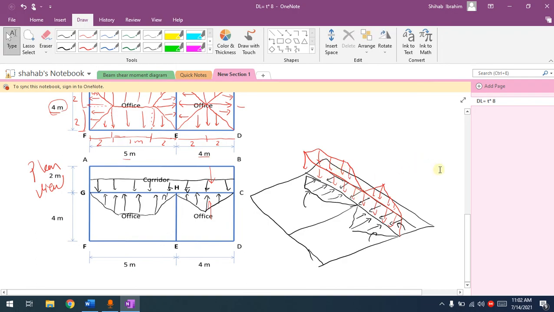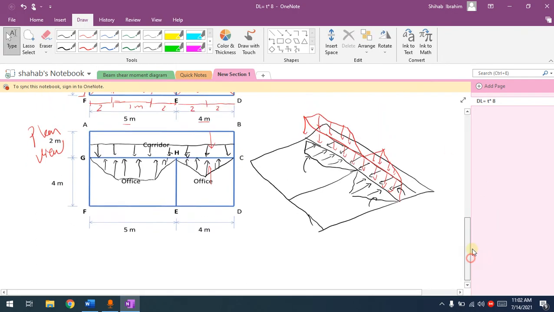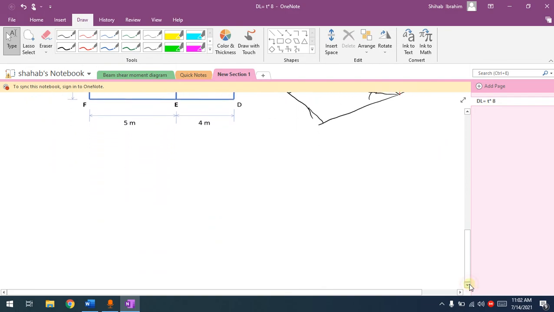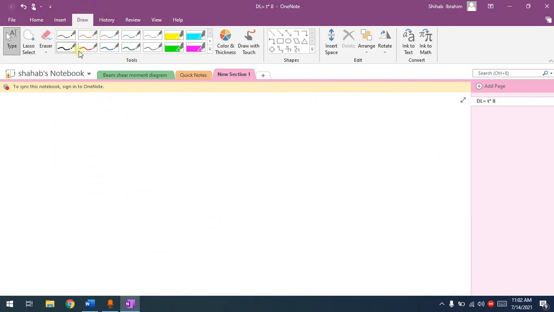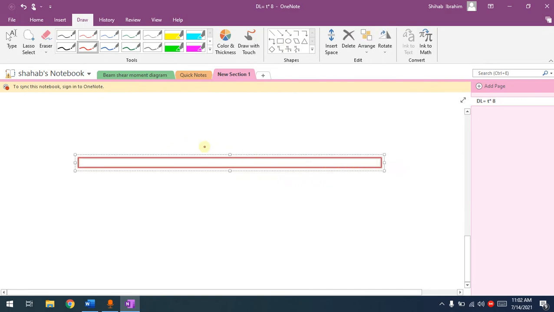In order to make it easier, we're not drawing 2D, 3D. What we will do is draw this one in the elevation. When we go to elevation, we will draw a beam. Now this is the beam, I have it.